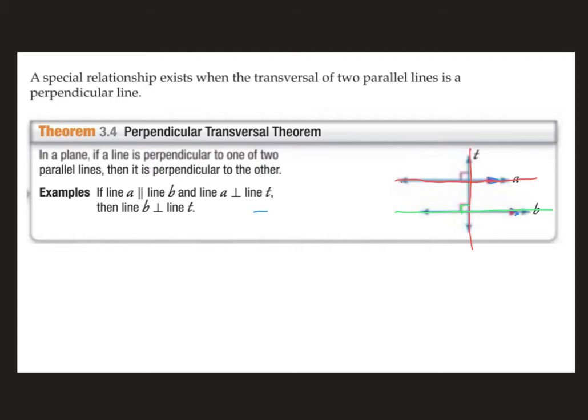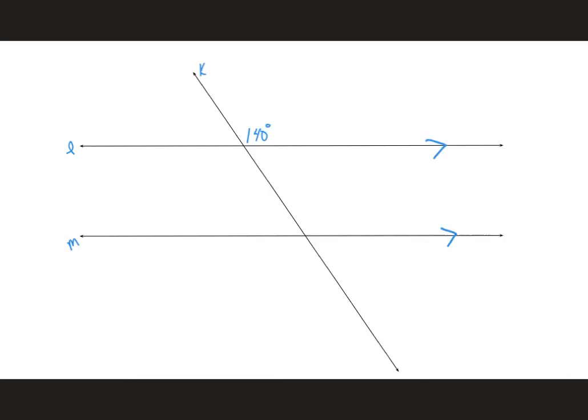The good news is we can solve for this without even knowing the perpendicular transversal theorem, because we can use all the other theorems we just learned to find out that they're all going to equal the same angle measurements anyway.